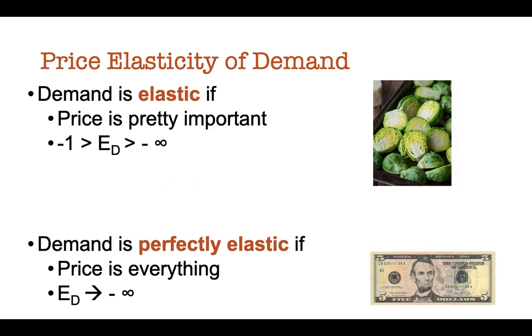Okay, the last two types are elastic and perfectly elastic. We say a good has relatively elastic demand if price is fairly important. These are goods that have lots of substitutes, have narrowly defined markets, or might be luxuries or big ticket items. Price is fairly important, which means we get a big number for our measure of sensitivity.